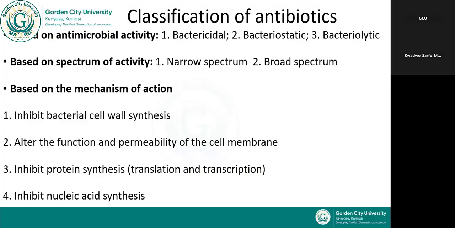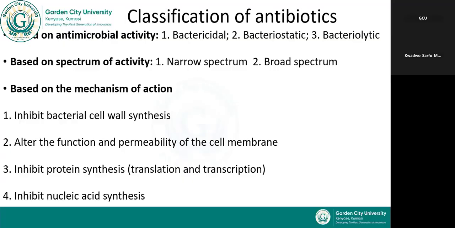For DNA or RNA synthesis, these nucleic acids are essential for the replication to occur before the cells can divide to bring about reproduction, and also for the RNA to be used to make proteins. So all these can be inhibited and the cells will not be able to multiply or grow.